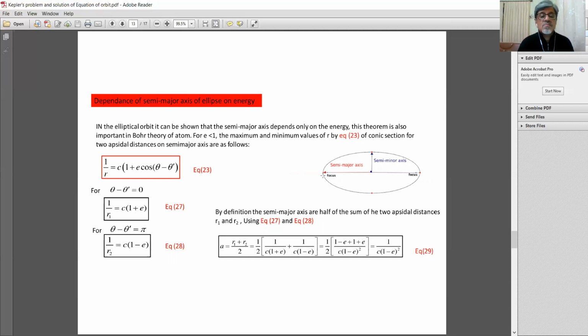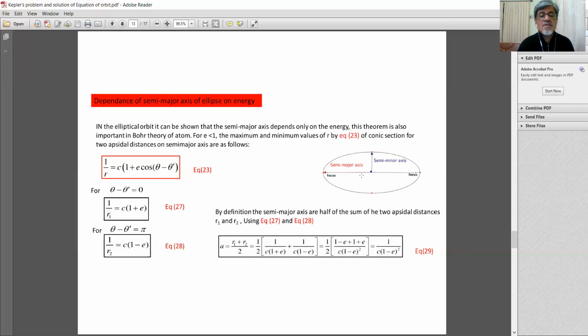So by definition, the semi-major axis is half of the sum of the two apsidal distances, r1 plus r2. If you consider this is the semi-major axis, this is the origin, one distance is r1, another distance is r2. So the summation of r1 and r2 divided by 2 is exactly equal to the semi-major axis. If the focus is somewhere different than the origin, this relation still holds true.